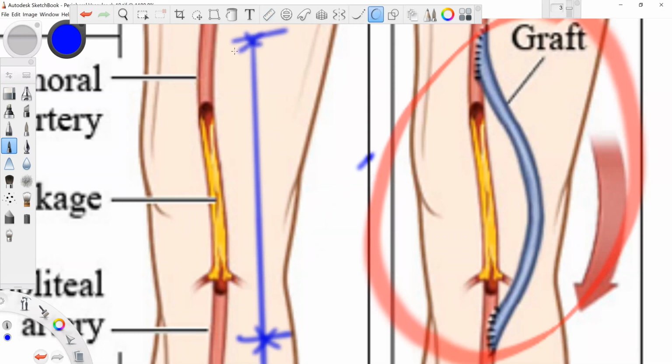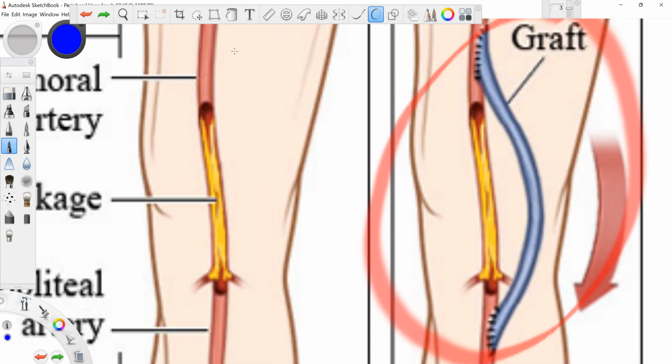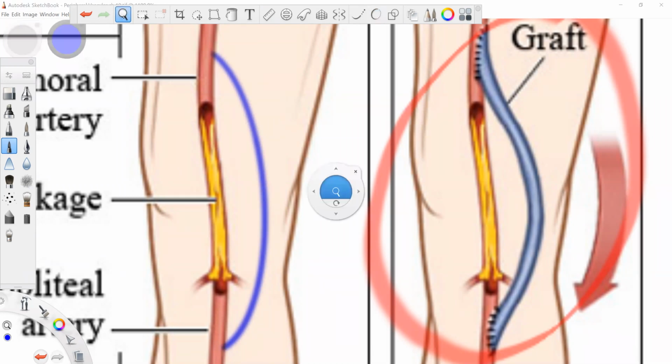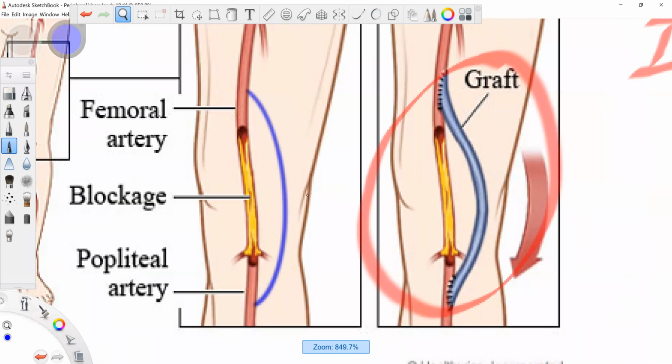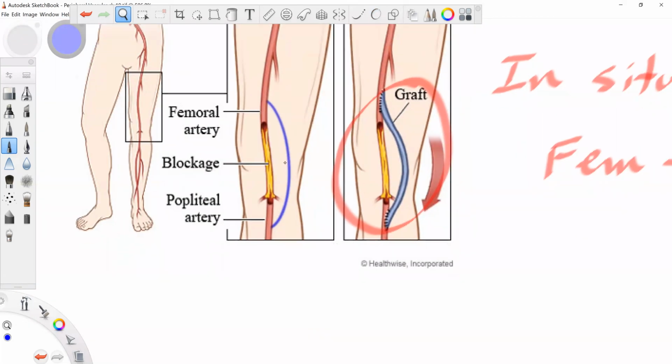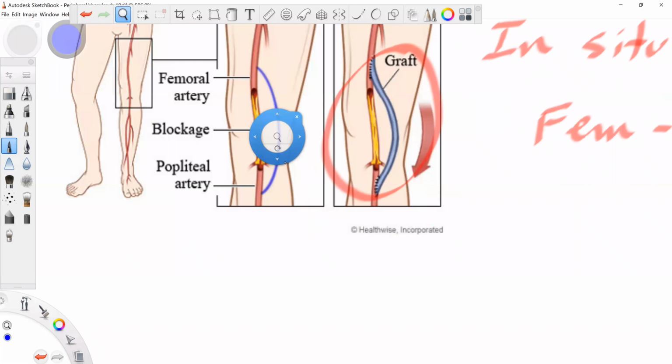Okay, so it's been cut off and ligated. Why did I do so many lines? Okay, and attached here to here, just straight on over. So that's obviously what's going on here in the next picture. What would be a major problem with doing that? I'll give you a hint.